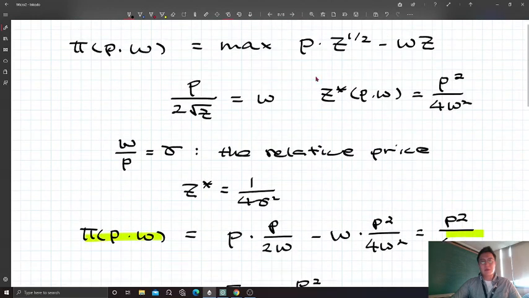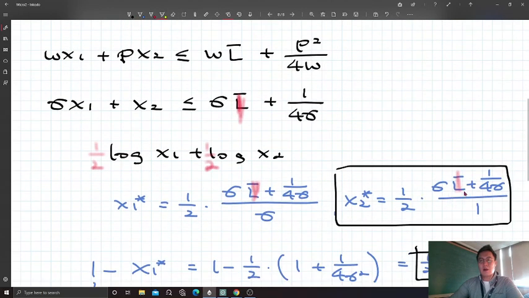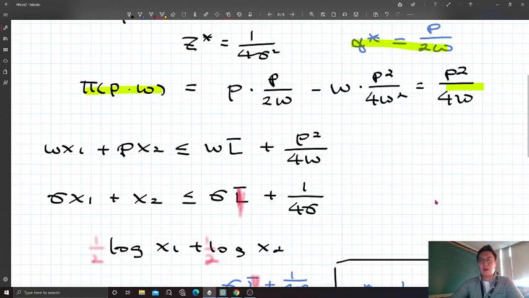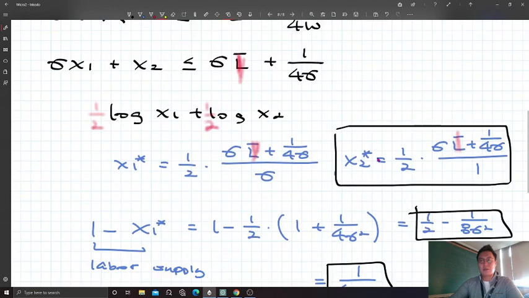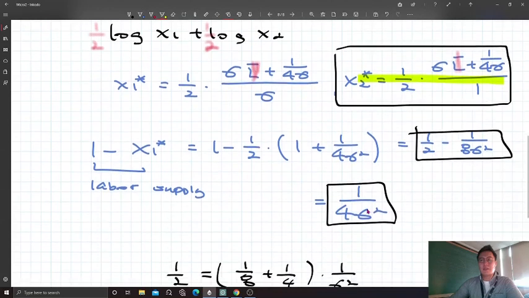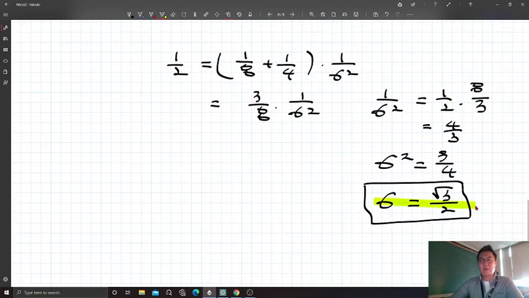Supply is, because z to the power 1/2 is the total supply, Q star is P over 2W. Okay, so equating this supply with this x2 star, you can easily check the same equilibrium price clears the market.